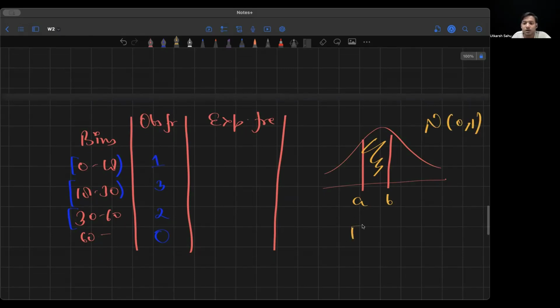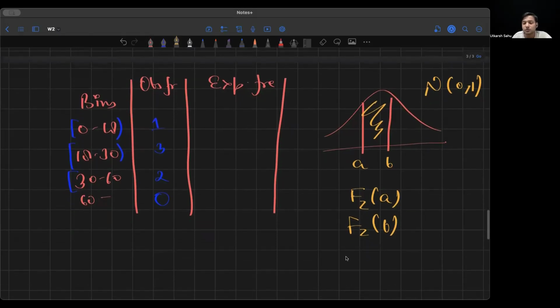F(z) of a would be the area of everything before A. Similarly, F(z) of b would be everything before B. If I subtract these two, F(z)b minus F(z)a, this will give me the area of this part.